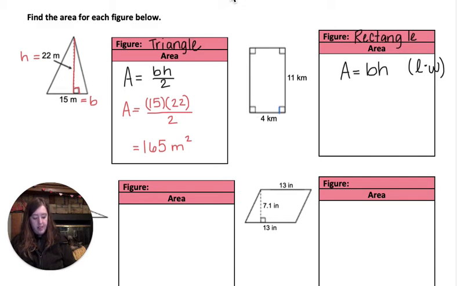So remember, our base and our height always have a right angle together. So maybe 4 is my base and 11 is my height. You could switch that. It doesn't matter.